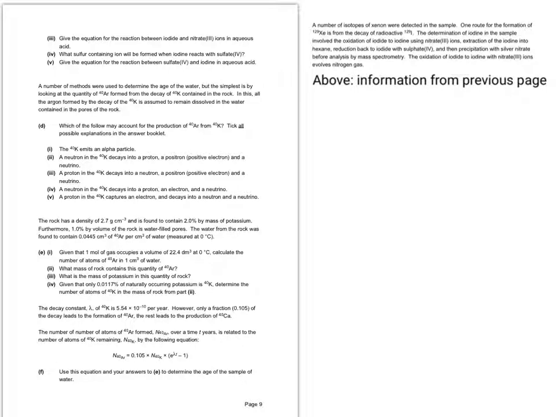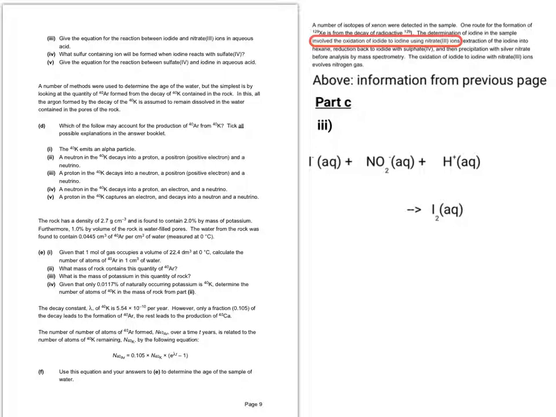So because we're still doing part C, I've included the information from the previous page. So it asks me to work out the equation for the reaction between iodide and nitrate 3 ions. So I've left out spaces for the balancing numbers, but I don't know what they are yet, and I've put in the information that I know.